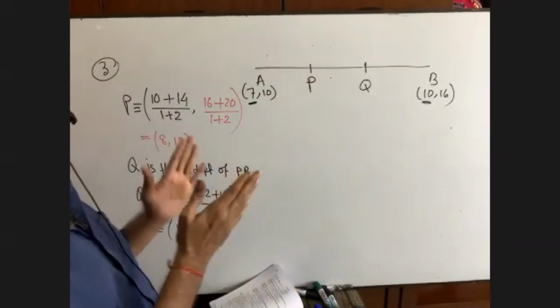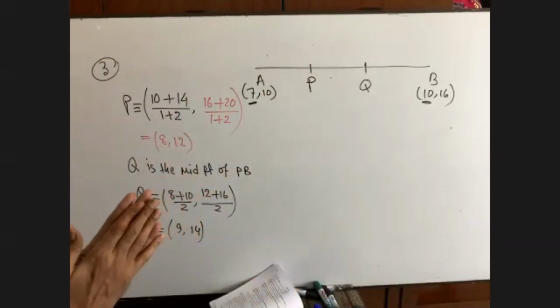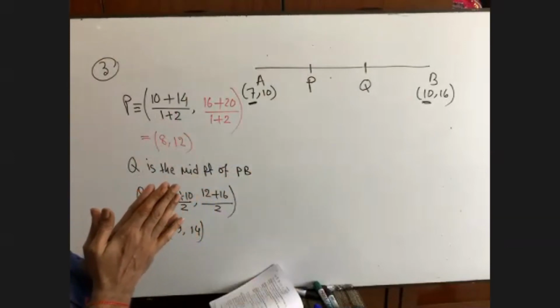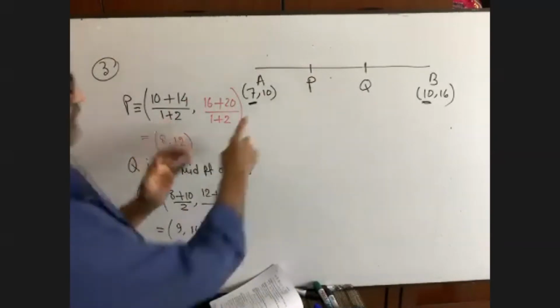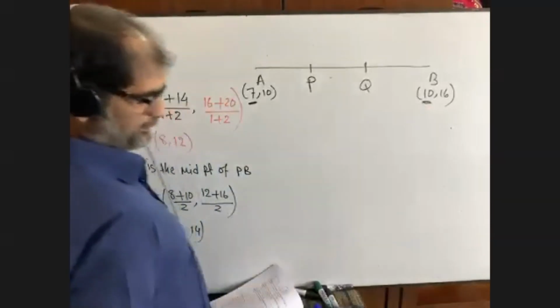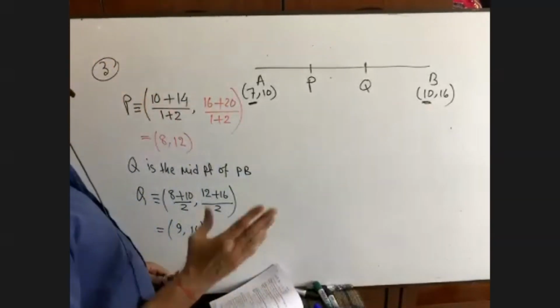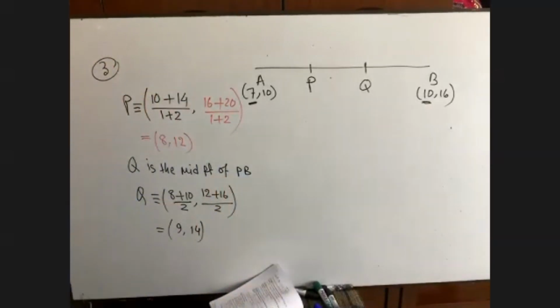But please pay attention. So we will add 1 with X and 2 with Y. Just wait. It is 7, it is 10. What is the difference? 10 minus 7 equals what? 3. Yes, sir.